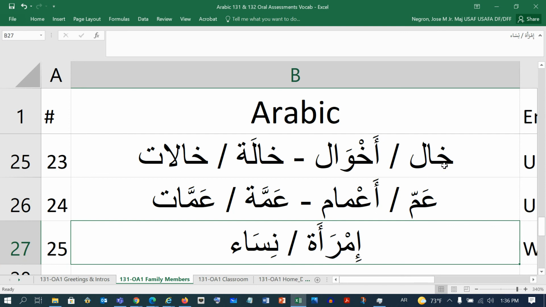So that's a woman, imra'a, and then nisa are women, a group of women. So imra'at khali or imra'at ammi is my aunt, right? But it's the non-blood relative aunt.